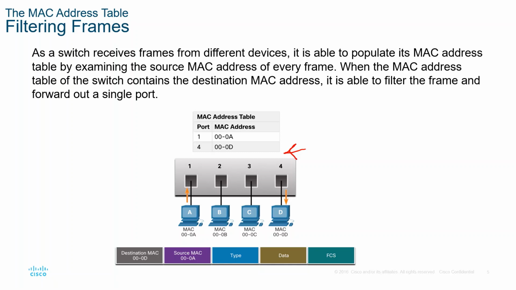So now, after the switch has populated its MAC address table as shown in the diagram, next time if PCA would like to send another frame to PCD, the MAC address table already contains the MAC addresses for PCA and PCD.